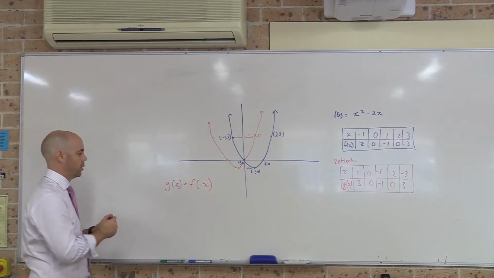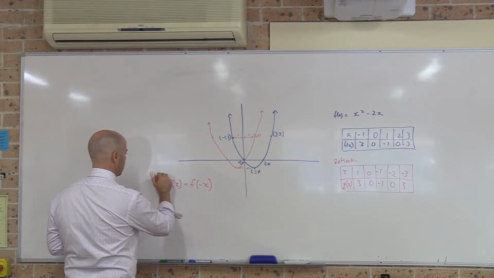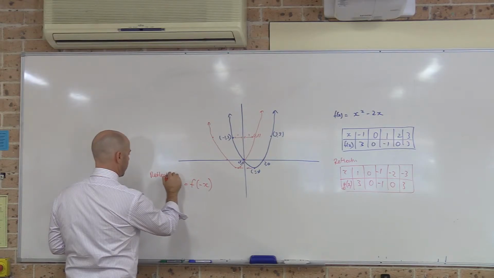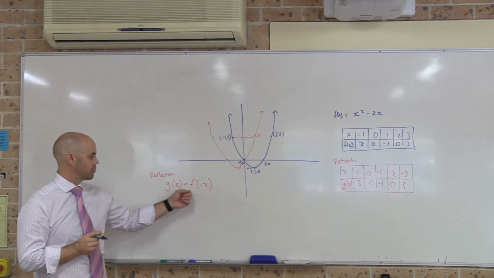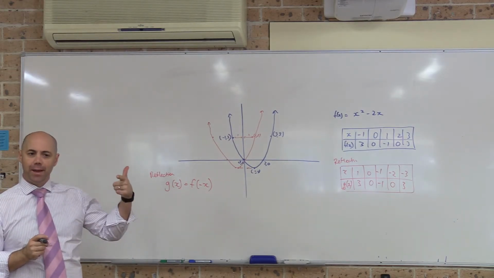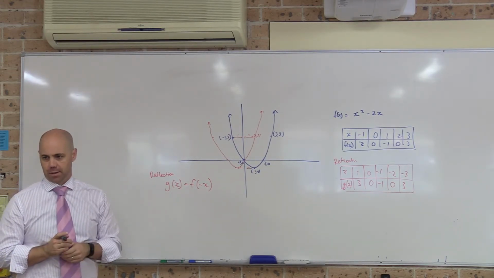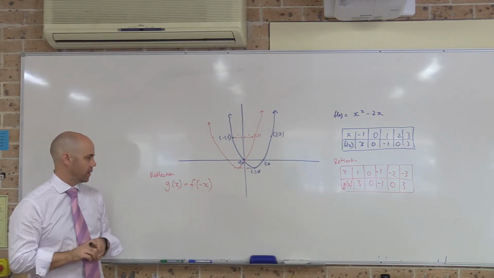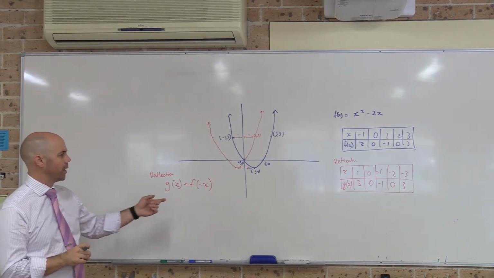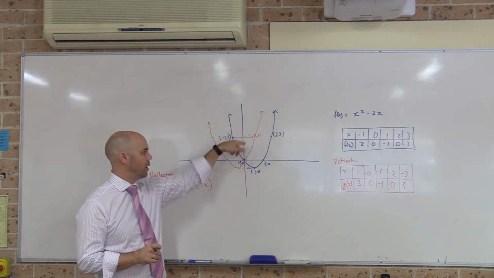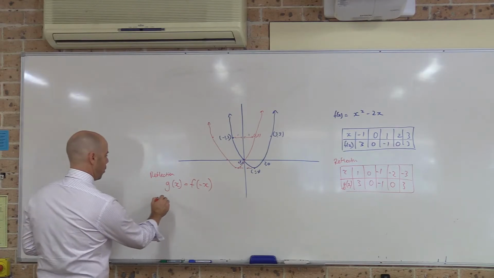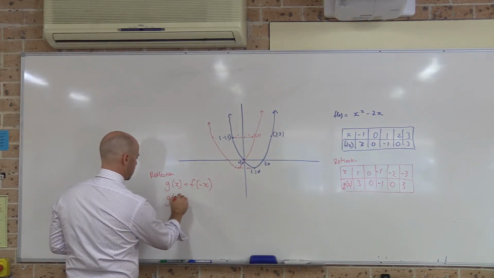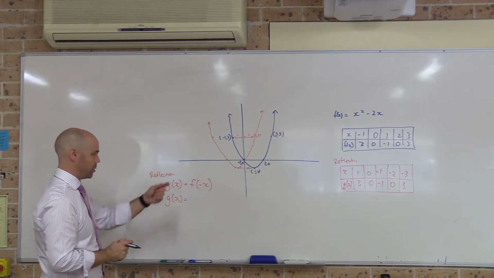So our reflection, if we're calling g of x our reflected function, we've created it by just replacing all of the x's with a negative x. And it means we can work out what the new function is. So g of x equals, well, what was our original function?